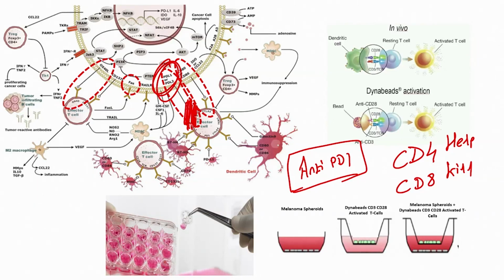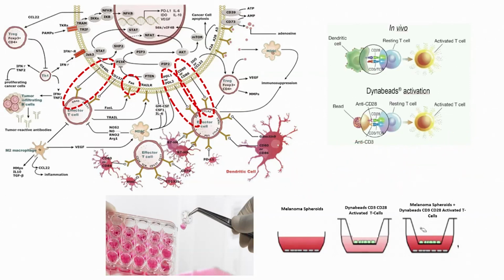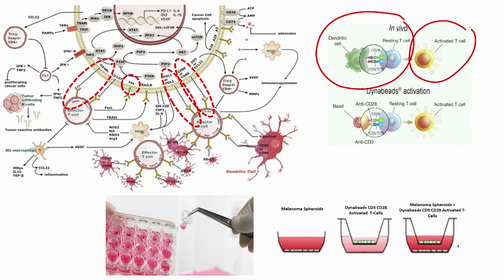Okay. Now, having said that, you see in vivo there is a dendritic cell with CD28 and CD3 TCR, and there is a resting T cell. When there is this kind of communication between the dendritic cell and the resting T cell, it gets activated.